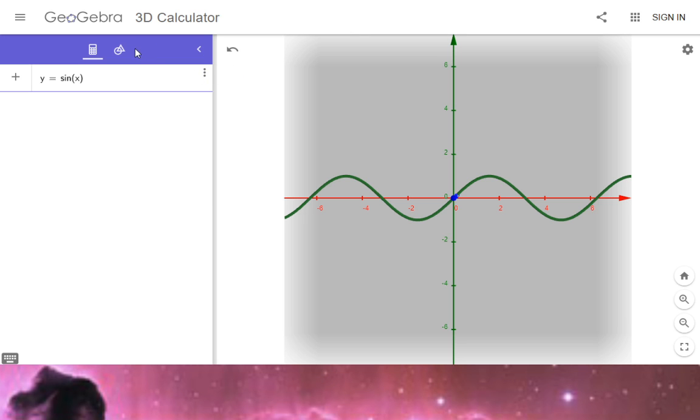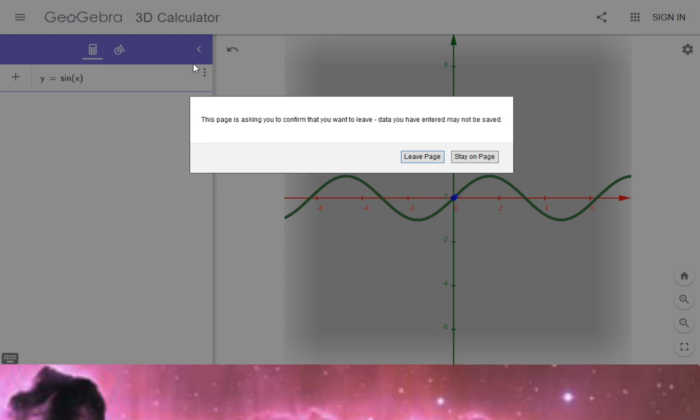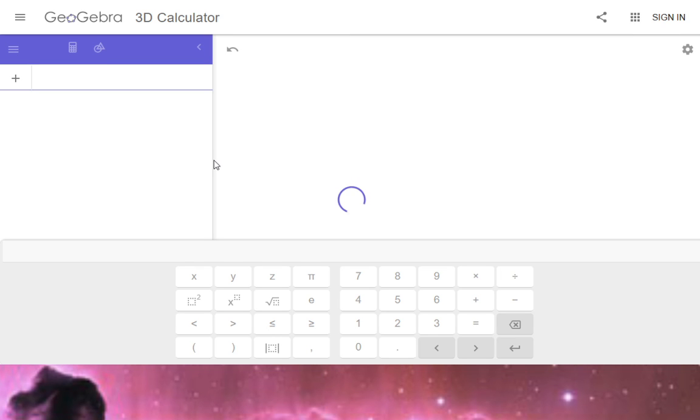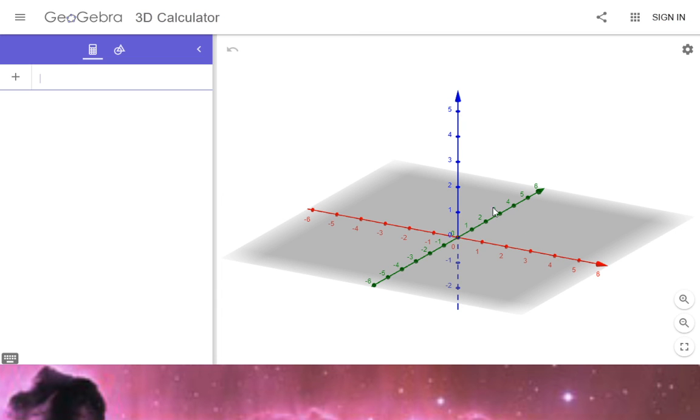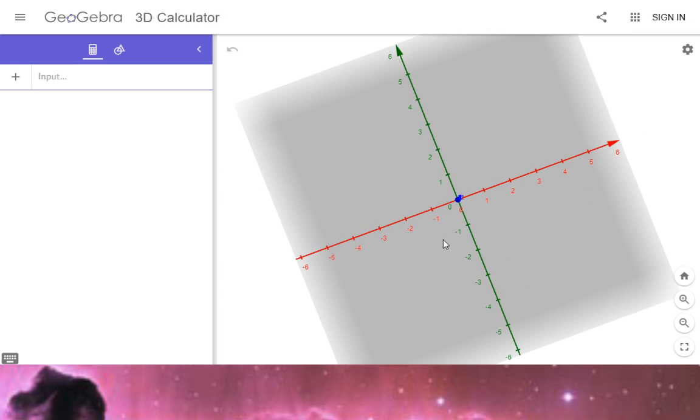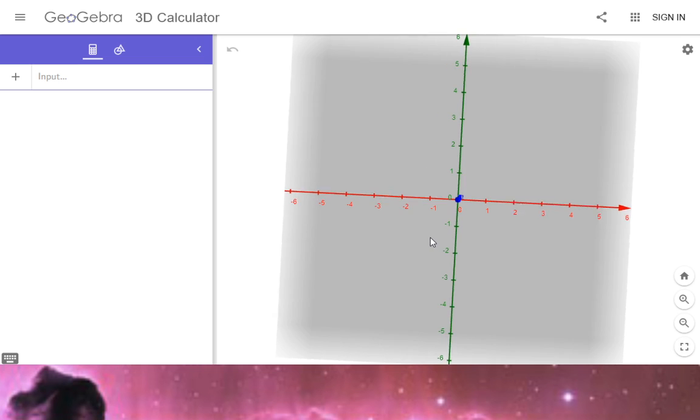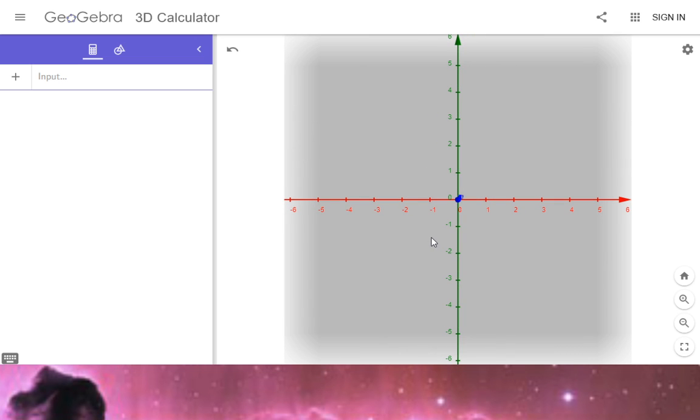I'm going to refresh this page and maybe it will realign that. And maybe it won't. I don't need a calculator. Well, I guess we're going to have to stick with a slightly crooked graph.